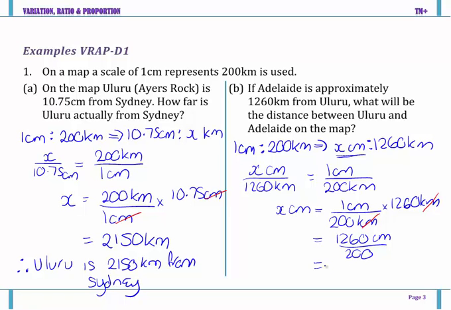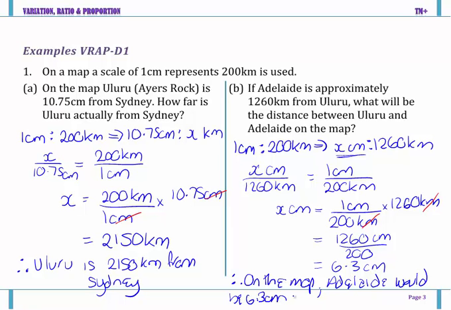Throw that in a calculator and you get 6.3 centimetres. So therefore on the map, Adelaide would be 6.3 centimetres from Uluru. Okay, so the key is setting it up, getting it right that way.